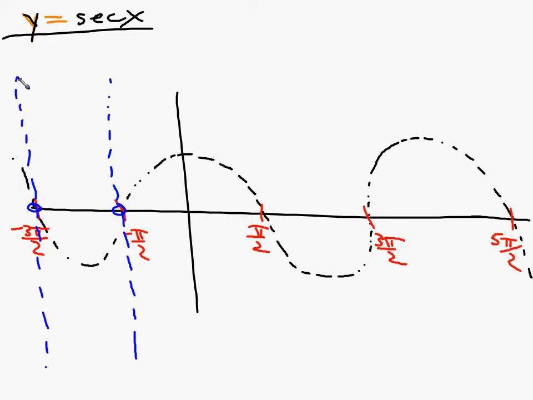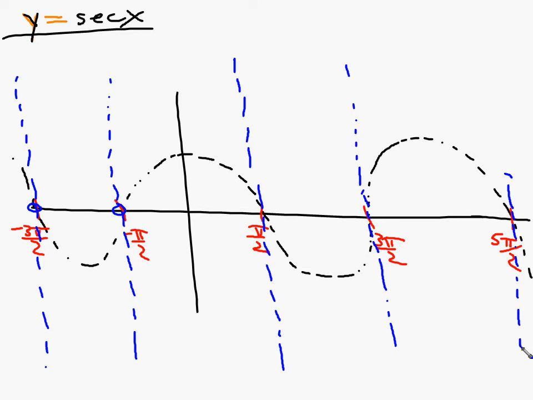All right? So draw in your asymptotes. These are places where secant is undefined because at every one of these spots, cosine is 0. So we put in an asymptote, and then just like before, we're going to make the hills and valleys meet.